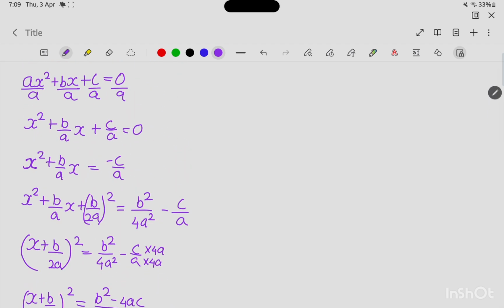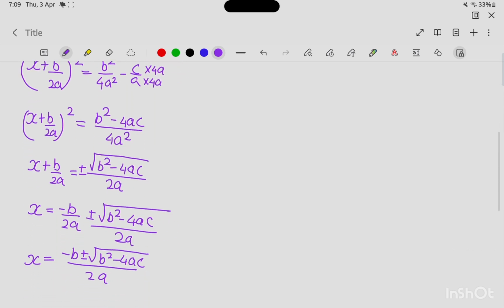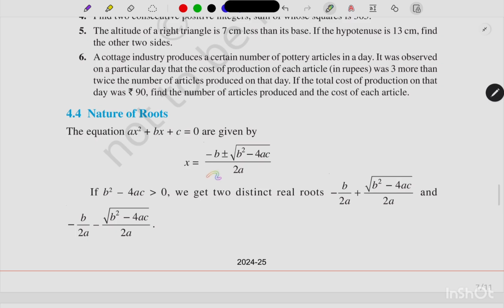No requirement to study whatever I just wrote. This is just a derivation for the quadratic formula. So now we know the quadratic formula, and we know how to apply it. Now if b square minus 4ac is greater than 0, then we'll have two distinct real roots.